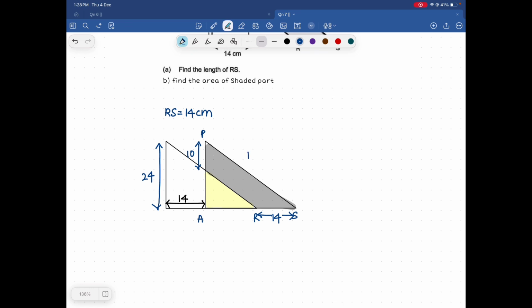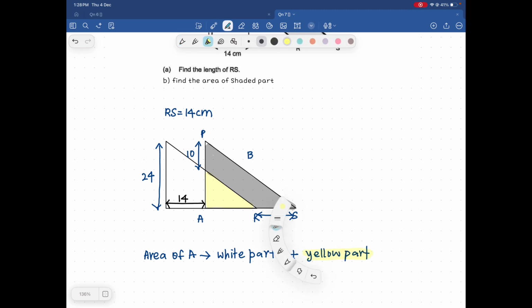and the second triangle B, the area of A is the white part plus the yellow part. The area of B is equal to the grey part plus the yellow part.